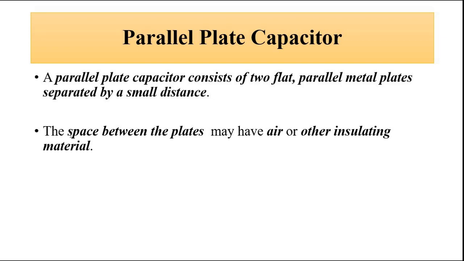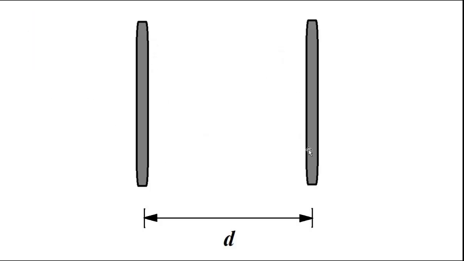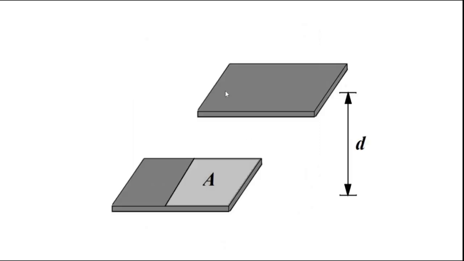Then a very common conceptualization to understand the concept of capacitance is the parallel plate capacitor. Again, it consists of two parallel plates separated by a certain gap or distance d, and another important thing which comes into play is the area of overlap. The area denotes how much portion of each plate is facing the other.